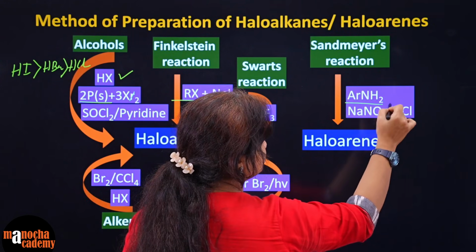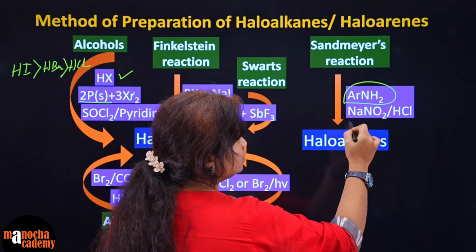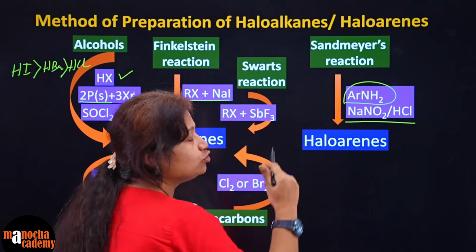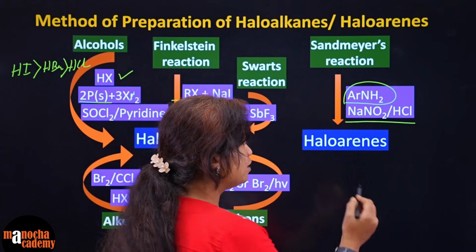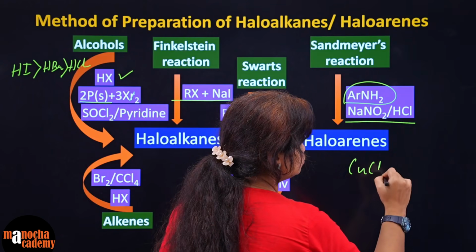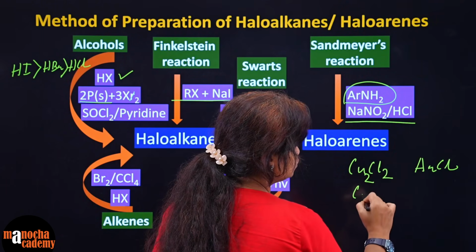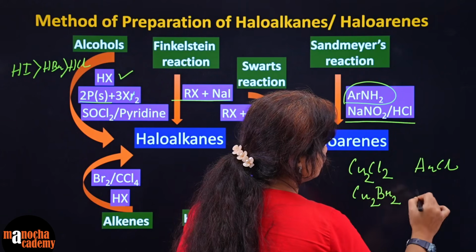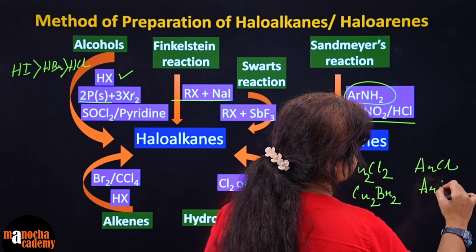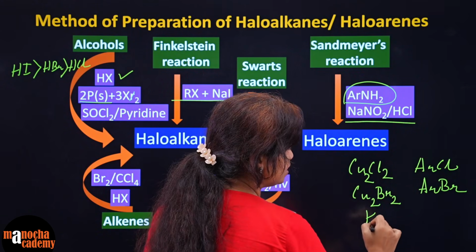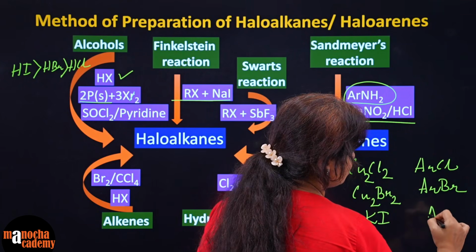You start with an aromatic amine, do diazotization, then the Sandmeyer reaction. Sandmeyer means you can use Cu2Cl2 to convert to ArCl, Cu2Br2 to convert to ArBr, and if you take KI, you can convert to ArI, right?